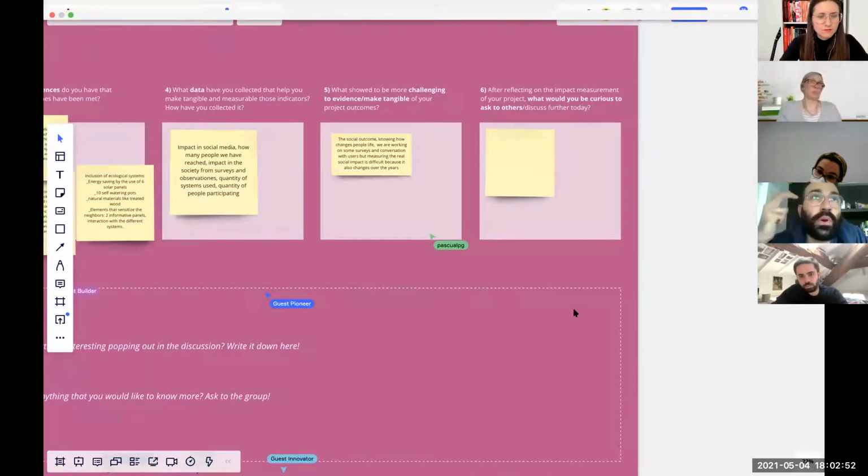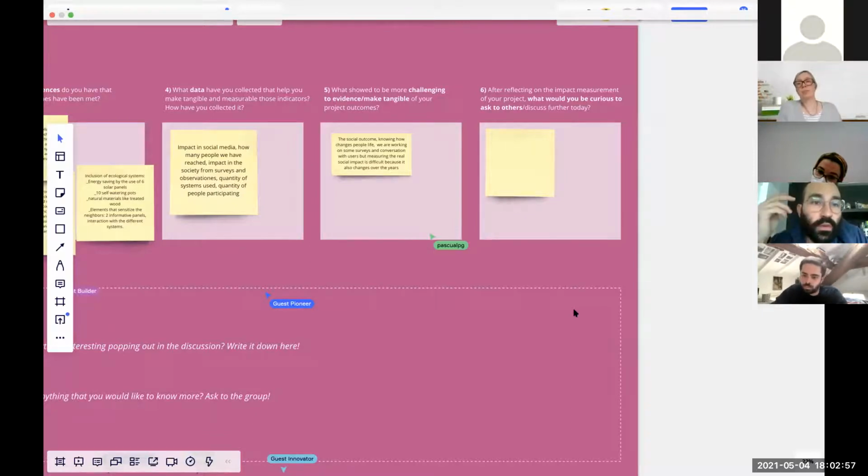With this idea to compare, maybe it could also be interesting to have data at the beginning, when you start your project, about how it is, the things that you want to change, what the state of the thing is. So when you finish your project, you can compare and understand if your project has a real impact on that or not.